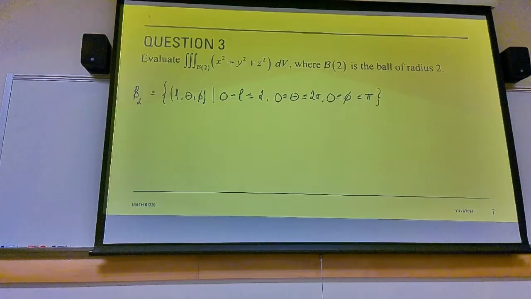Oh, that was an easy one to describe. What order do you want to use? Doesn't even matter. So stick with the standard order.